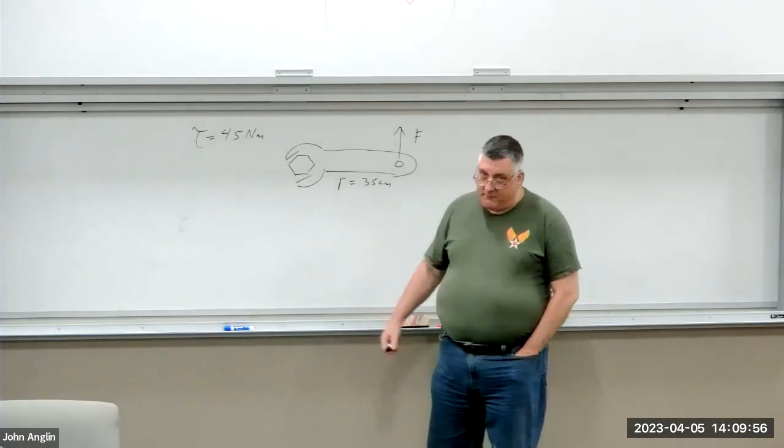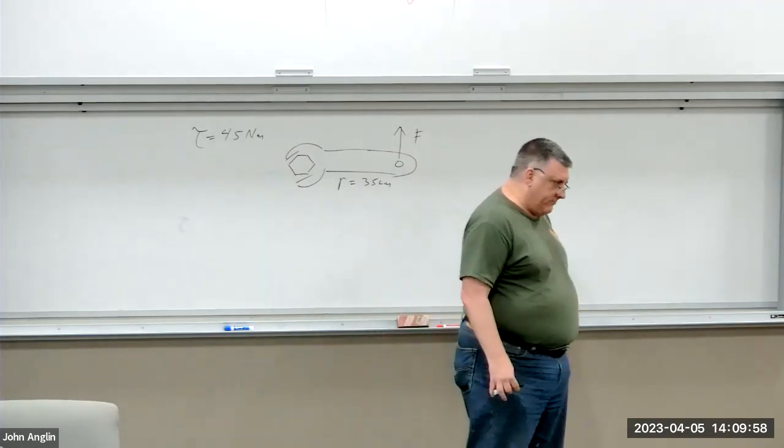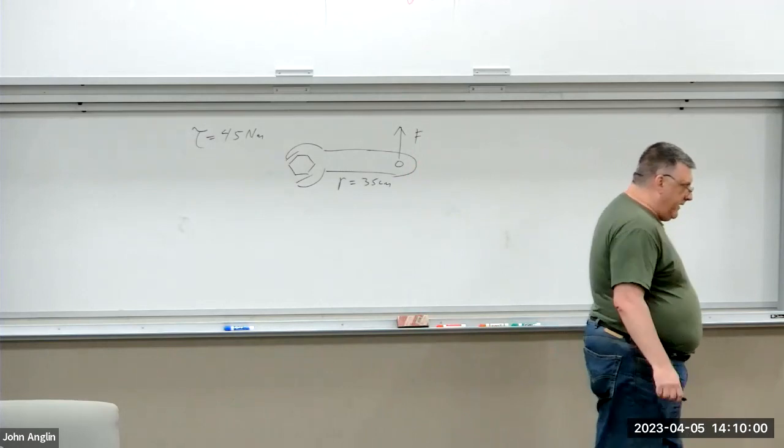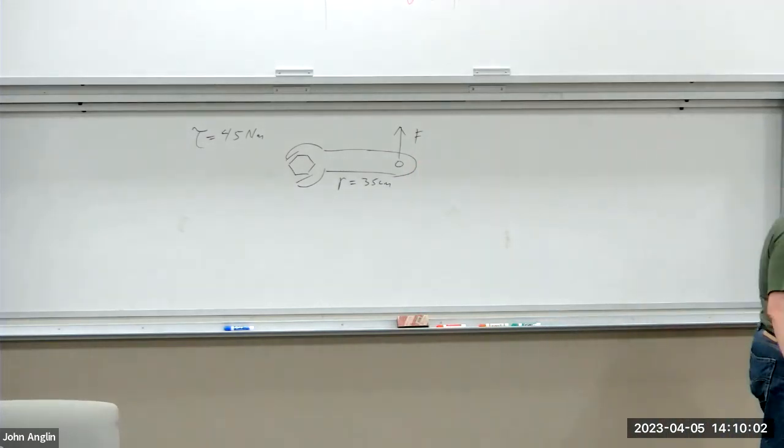You have probably heard a torque measurement before, but not in terms of Newton meters. You've probably seen ads for trucks or cars that talk about how much torque the engine has. Usually it's horsepower or something.